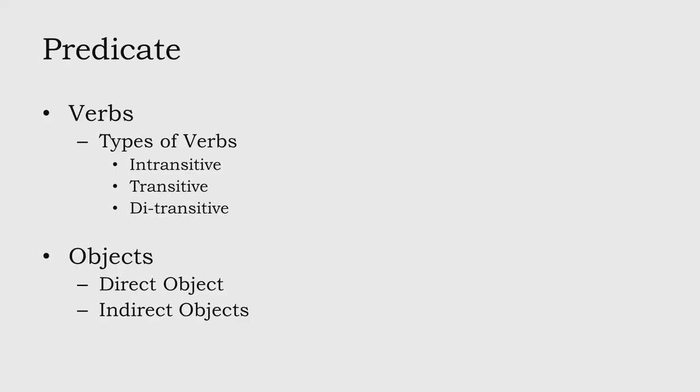We need to understand types of verbs in terms of intransitive and transitive, and then we need to understand transitive verbs in terms of transitive and ditransitive with reference to the presence of objects: transitive verbs are going to need one object and ditransitive verbs are going to need two objects. Thus, we understand a sentence. We are only looking at components of a sentence. We are only looking at parts of a sentence.